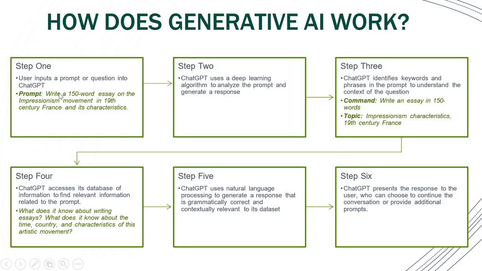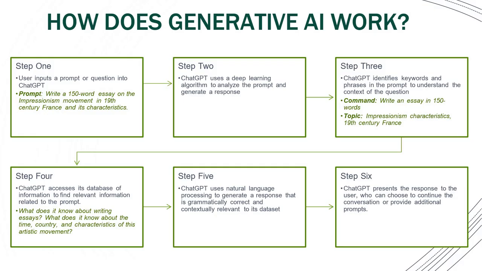So here, when we prompt a text, the user inputs a prompt or question into ChatGPT. So what happens? The deep learning algorithm analyzes the prompt and generates a response. And then ChatGPT identifies the keywords and phrases in the prompt to understand the context of the question. And then it accesses its database to find relevant information related to the prompt.